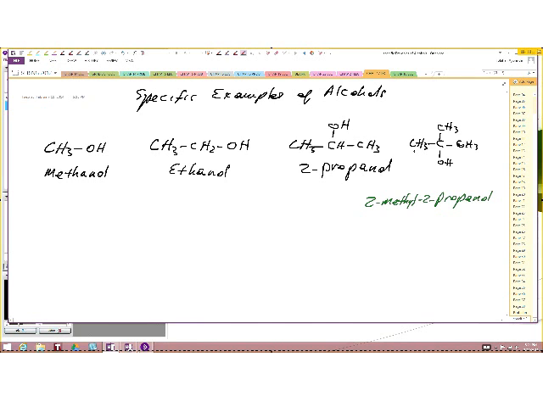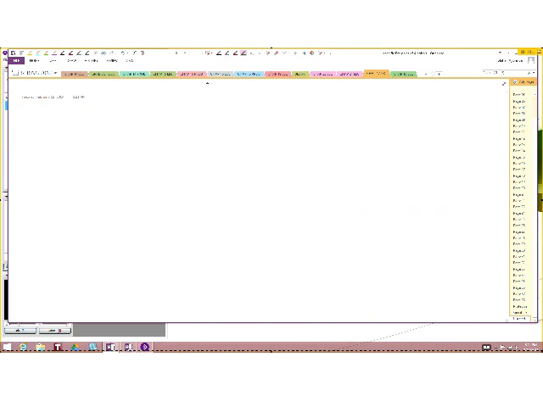In this chapter, we are also going to discuss very briefly phenols, which of course we did in the last chapter. Now, phenols are those organic molecules in which the hydroxy group is attached to the benzene structure. Okay, so we call this a phenol.